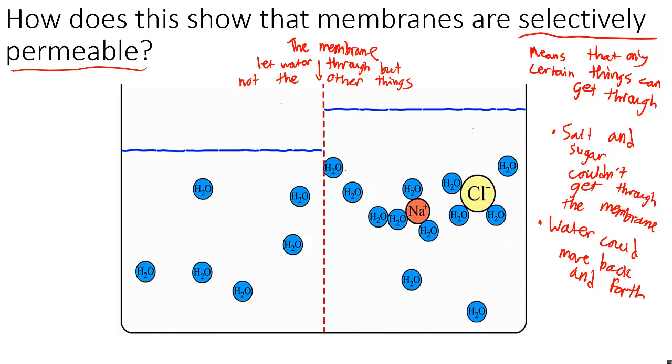Permeable means it has holes. So if I'm selectively permeable, I am super picky about what can get through my membrane. I don't like salt, so I keep it out. But water, sure, you can come on in, go through, back and forth, whatever you like. That is selectively permeable. It picks and chooses. So it let the water through, but not the salt and the chlorine. But the water went through if it wanted to. But the salt and chlorine were stuck, and the sugar too.